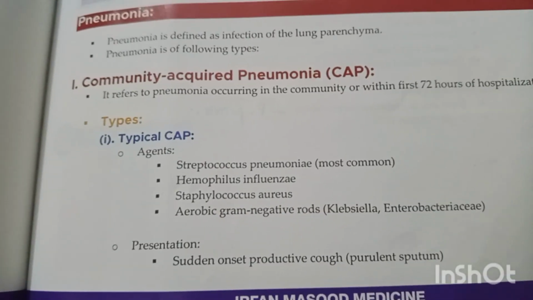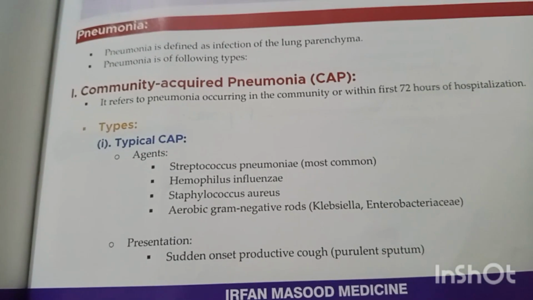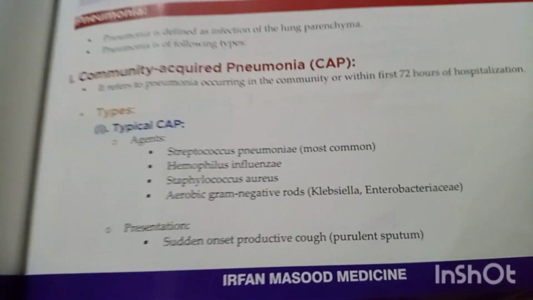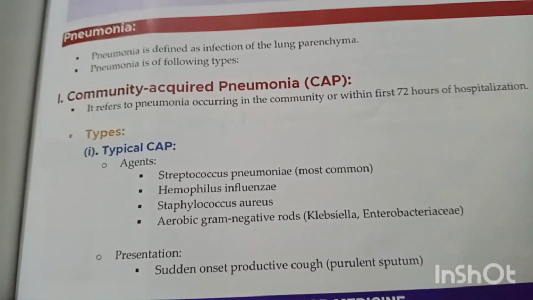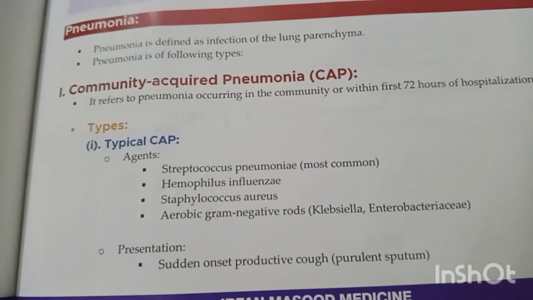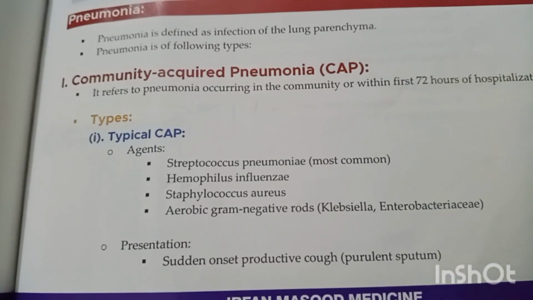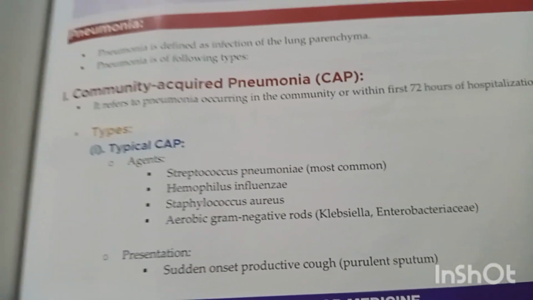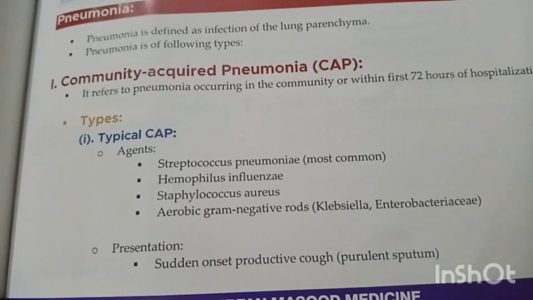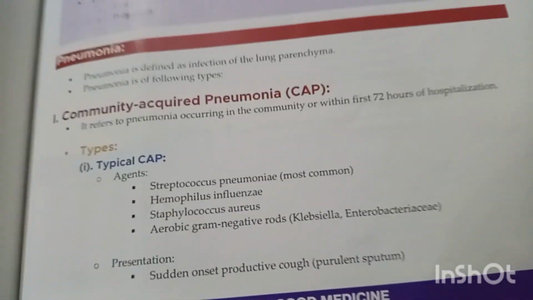Discussing it further, we have types on the basis of the setting in which the person has acquired the pneumonia. If the person acquired pneumonia from the community, it is called community acquired pneumonia. If the person acquired pneumonia from the hospital, it is hospital acquired pneumonia. For ICU patients, admitted patients, we use the term ventilator acquired pneumonia.